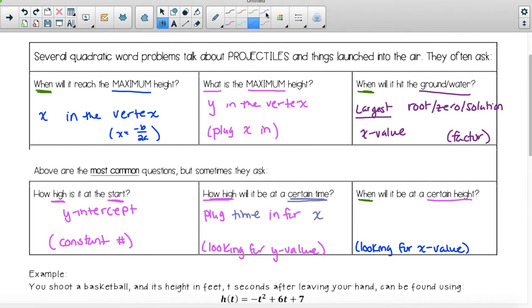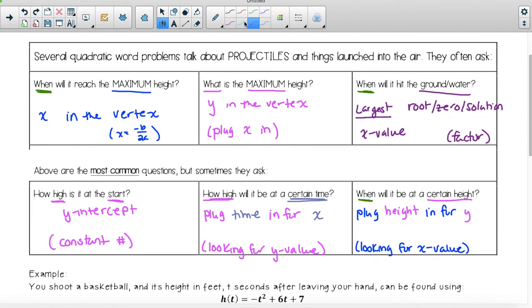In order to find this, you're going to do the exact opposite of how high will it be at a certain time. You're going to plug the height that they gave you in for the y value, and then you'll solve.